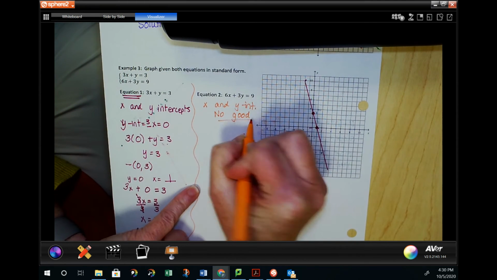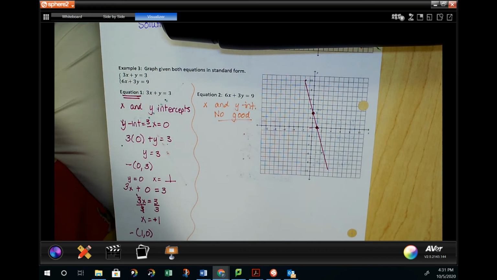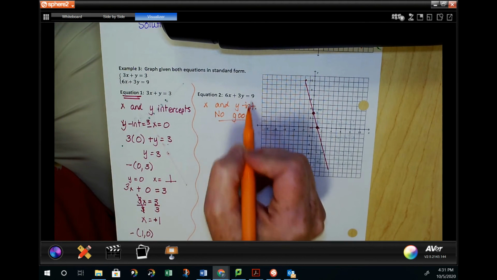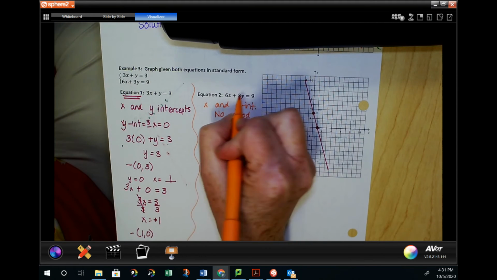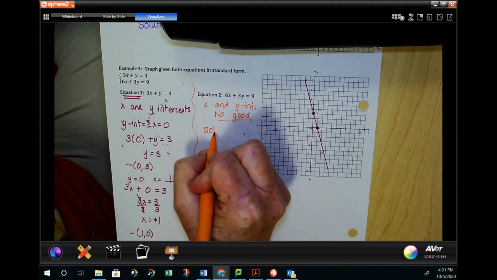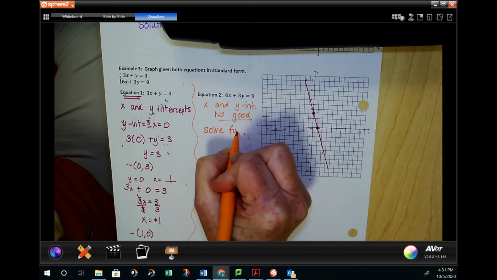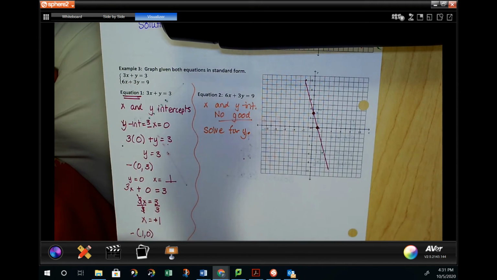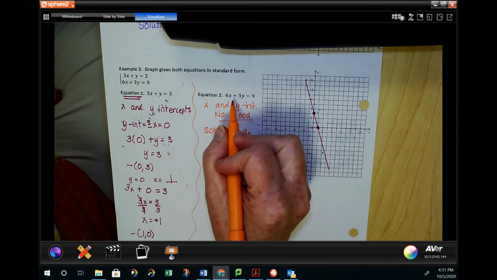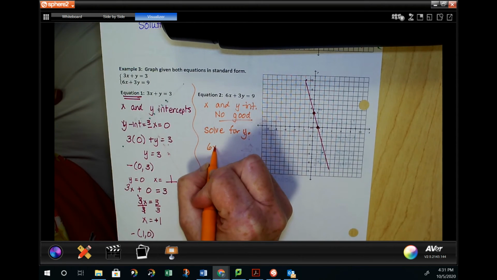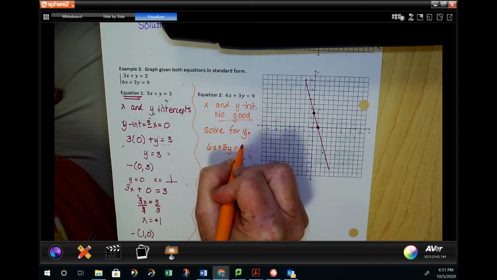I'm going to get some weird numbers, so I'm not going to do that. So I'm going to solve for y. You can do the decimals, but they're not always the easiest, so I just don't do them. So I have 6x plus 3y equals 9.